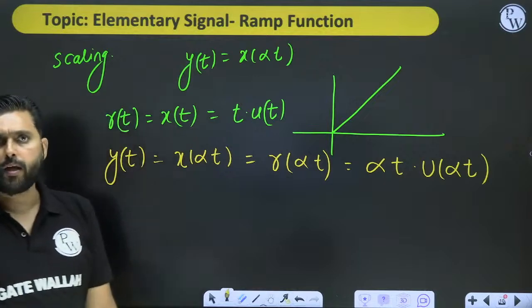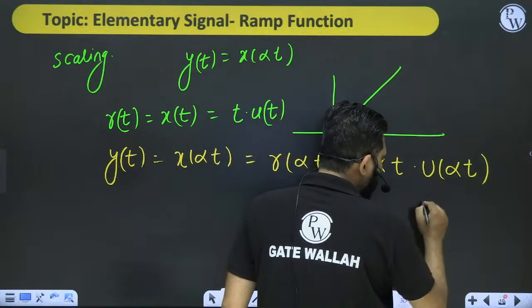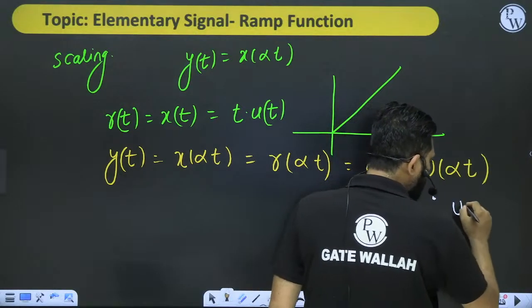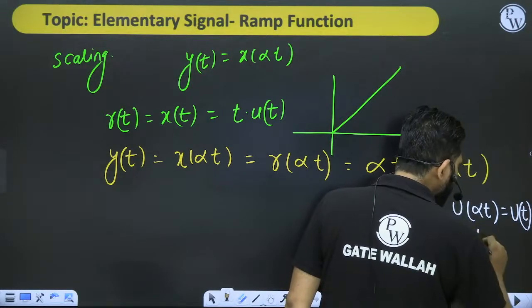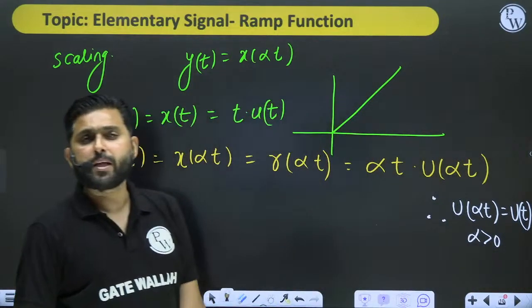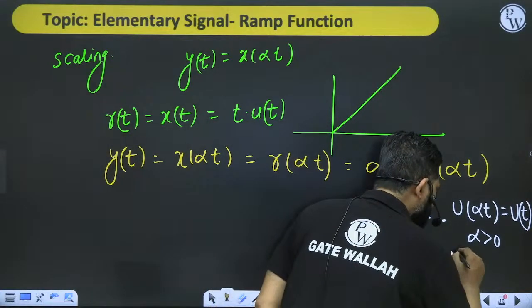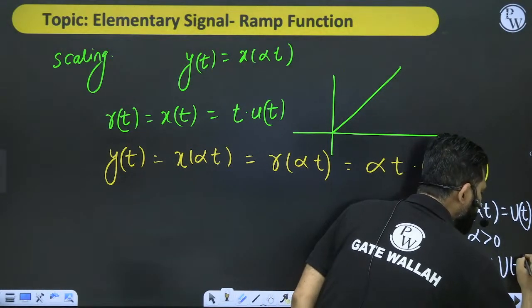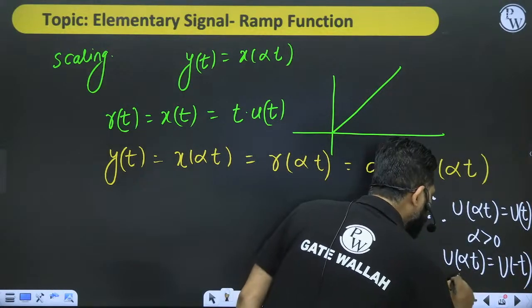Now, I know that u of alpha t is u of t if alpha is positive. You remember, u of 2t, u of 3t, u of 4t, u of 6t, everything is u of t. And u of alpha t is u of minus t if alpha is negative.